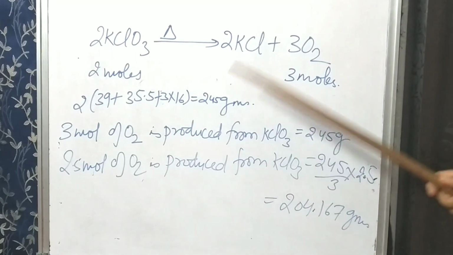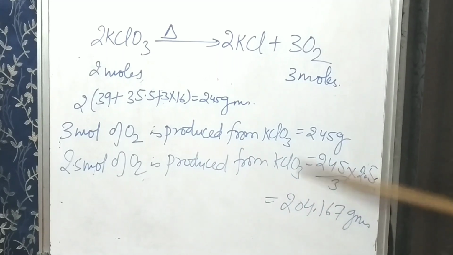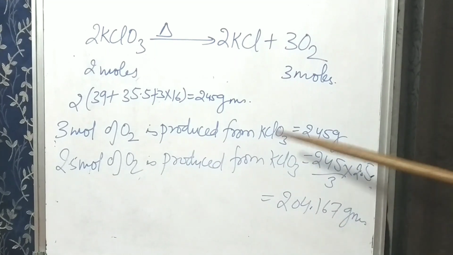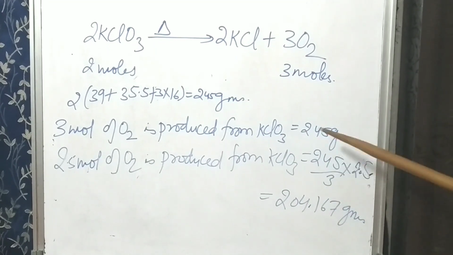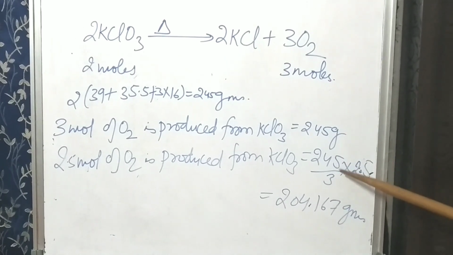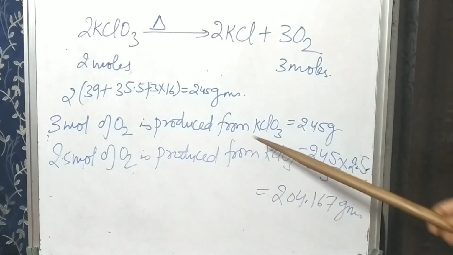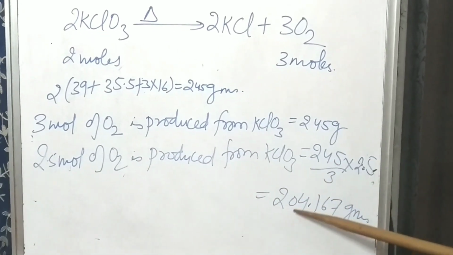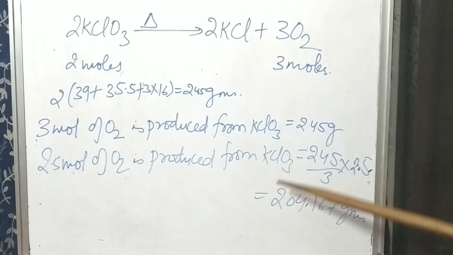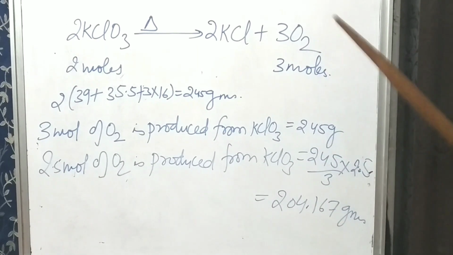So if 2.5 moles of O2 are produced, how much KClO3 is heated? We calculate this by dividing 245 grams by 3 moles of oxygen into 2.5 moles of oxygen. Finally we get 204.167 grams. So this is the final calculation of mass of KClO3 which is asked in the numerical.